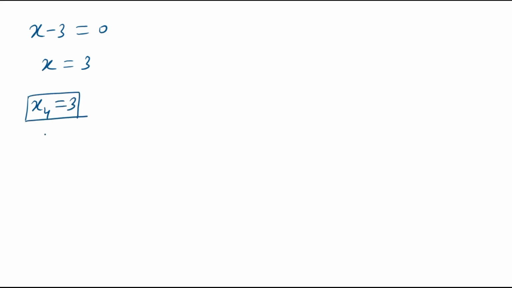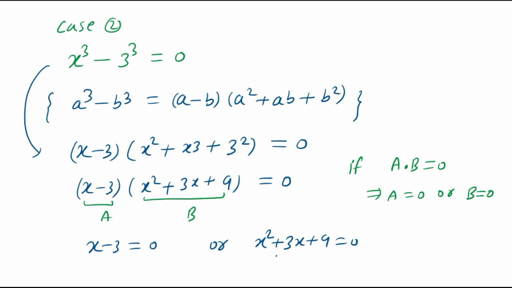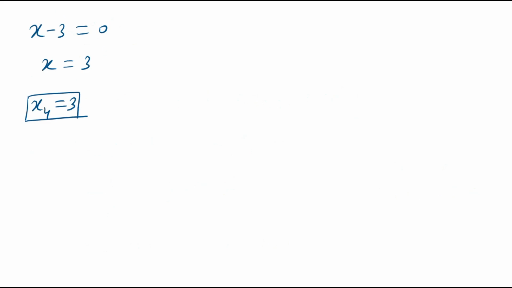Now here we have a quadratic equation, x square plus 3x plus 9 is equal to 0. This quadratic equation is not factorizable, so we will apply the quadratic formula. The value of a is equal to 1, the value of b is equal to 3, and the value of c is equal to 9.